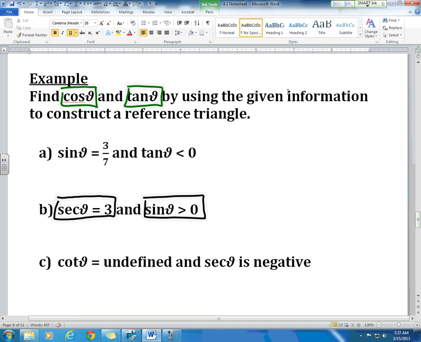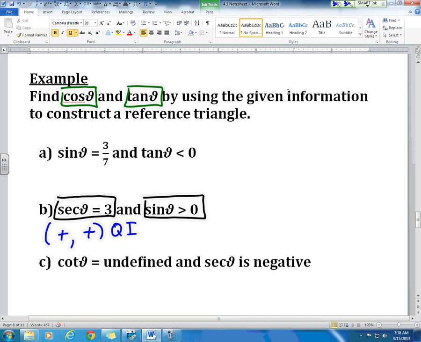So according to the ordered pair scenario, if sine is greater than 0, I know that the y-coordinate is positive. Secant is related to which trig function? You're right if you were thinking cosine. So if secant is positive, then cosine is positive, which means we're dealing with a quadrant 1 angle.